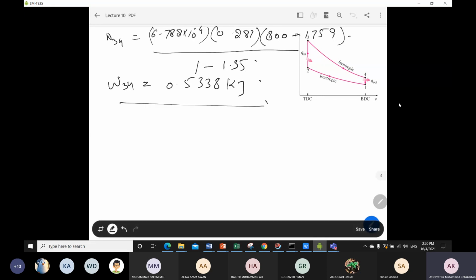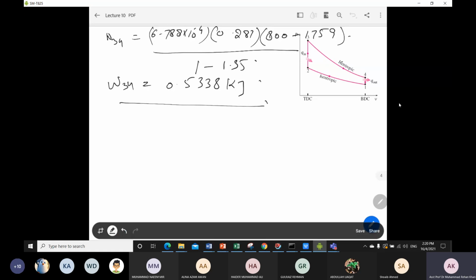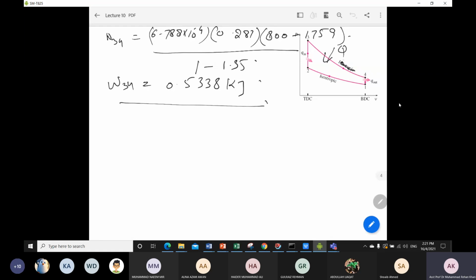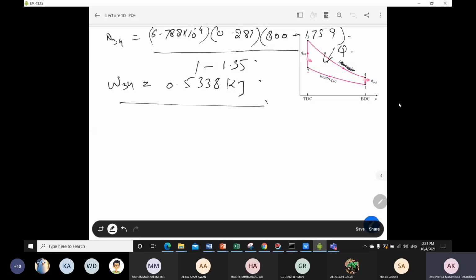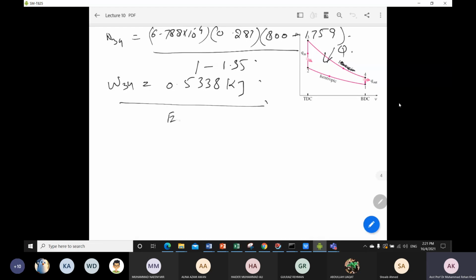Now we have to find the Q, which is associated with your polytropic process. In order to find the Q, we have to apply the energy balance equation between process 3 and 4. So energy in minus energy out is equal to change in energy.